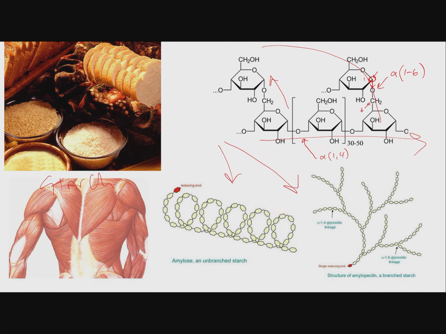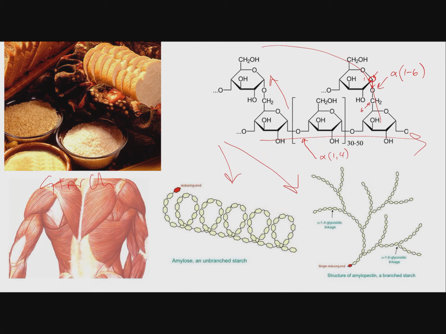Now, different plants, different vegetables, they have different ratios of amylose to amylopectin. Amylose is insoluble in water. It's harder to digest than amylopectin. Mixing these two together, having amylopectin and amylose together, facilitates its water solubility and also its digestion.